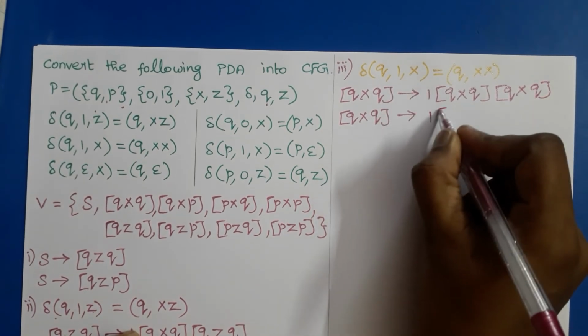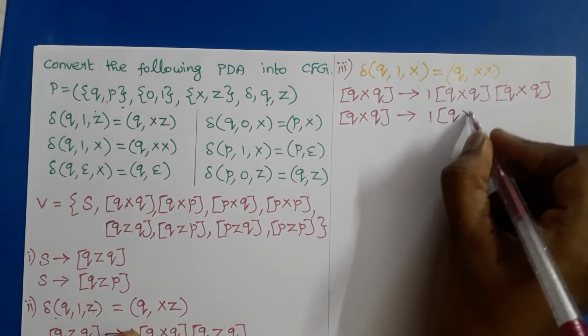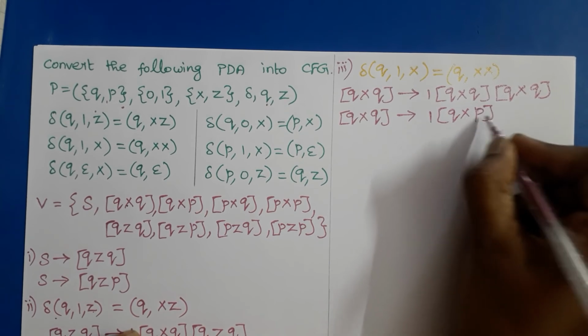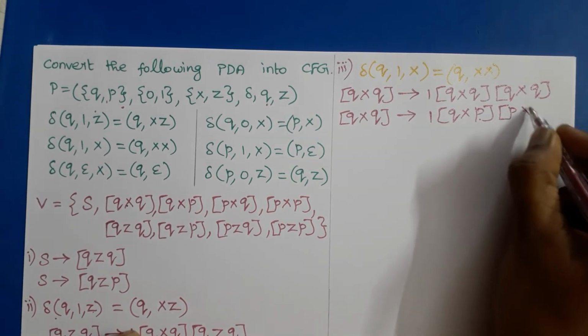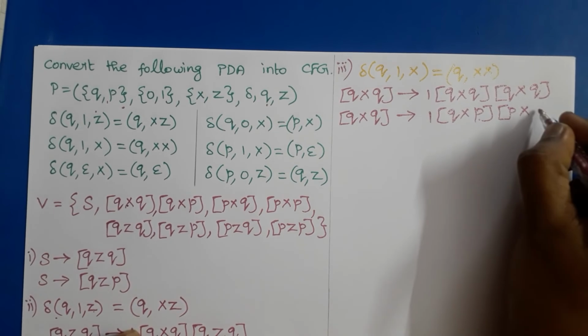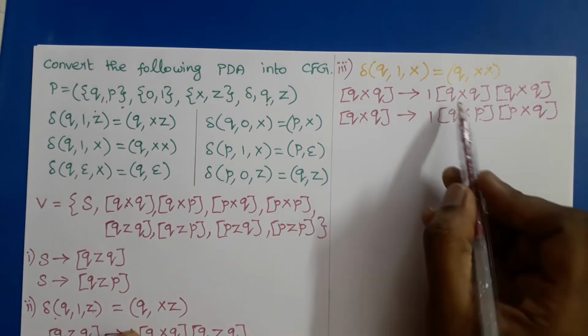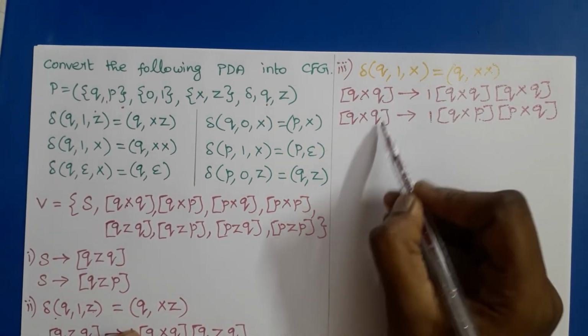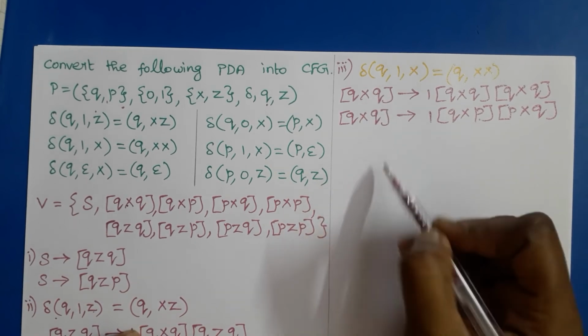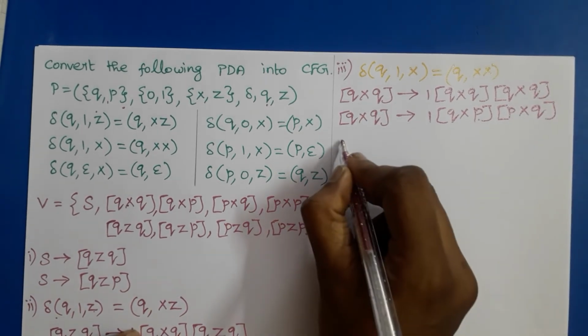Similarly, QX. Now I need to write P in the middle. So PX, this Q. Now I have to write the same, but instead of Q I have to write P. So these 2 symbols must also be changed.